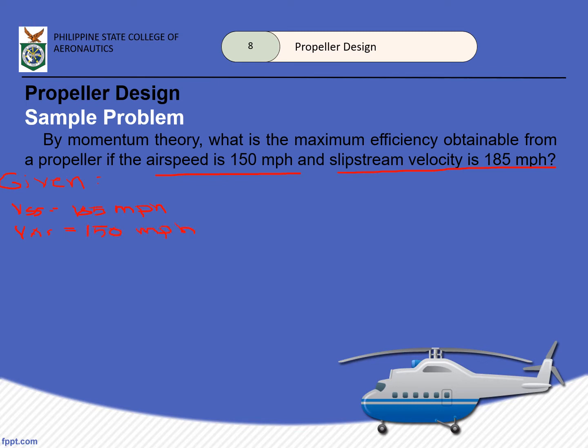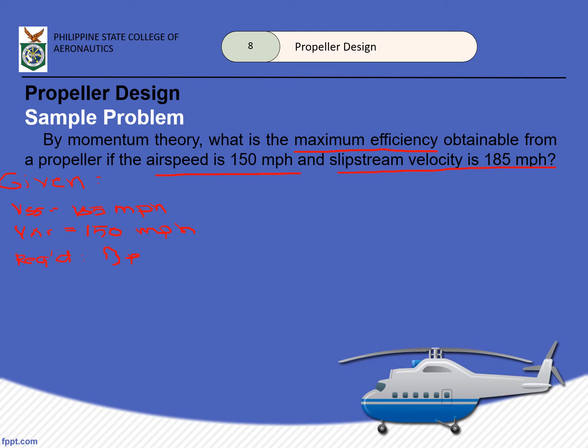I hope maintindihan nyo sulat ko. But anyway, anong pinaka-required natin dito? Maximum efficiency. So, we are required to get the propeller efficiency.